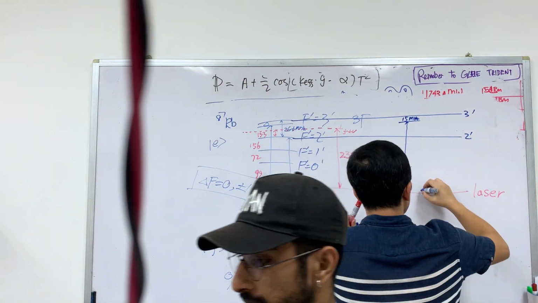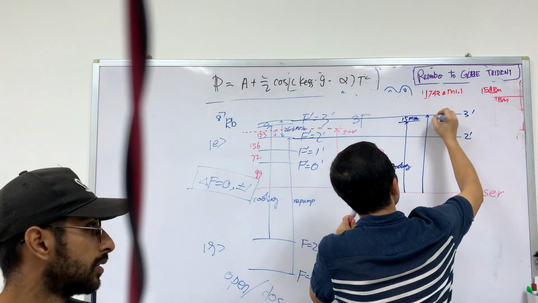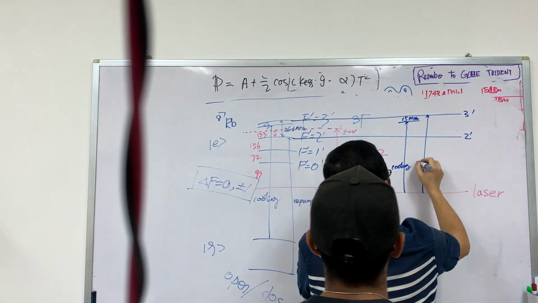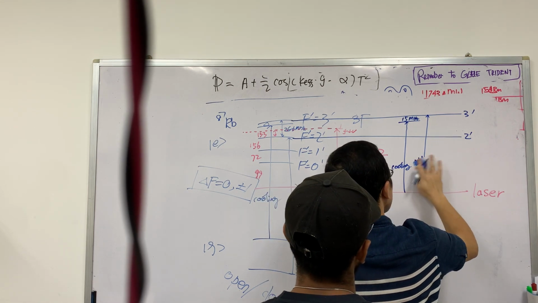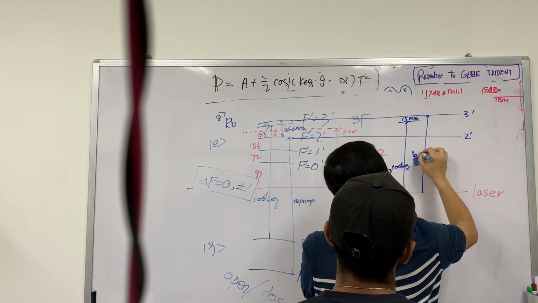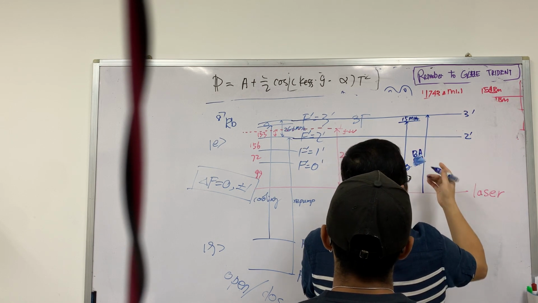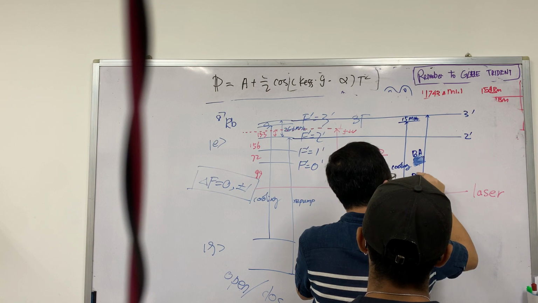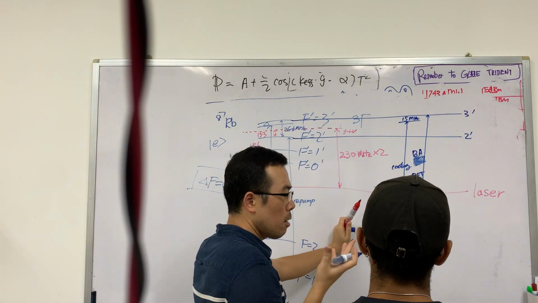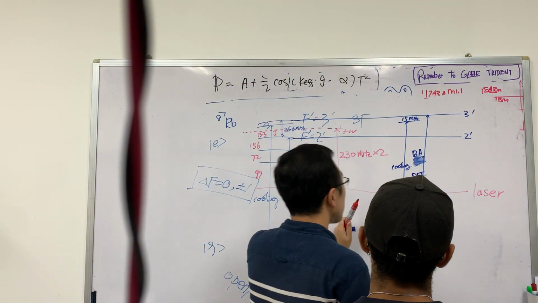Yeah, also double pass. And for unresonant, we use it for blow away. And the detection, because we use unresonant light for that purpose.